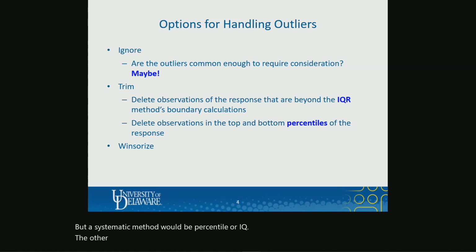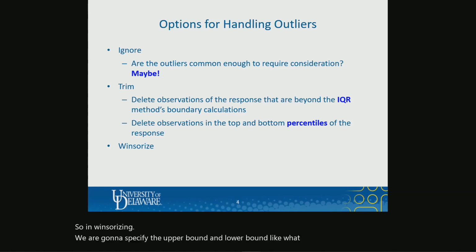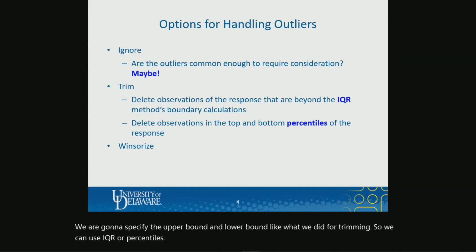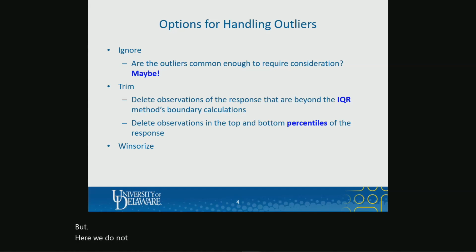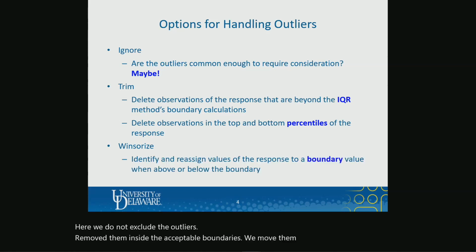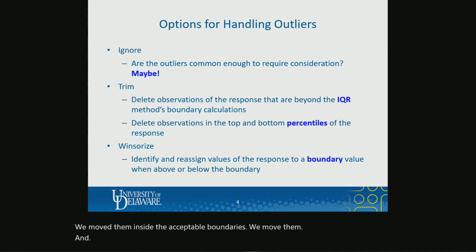The other approach to deal with outliers is Winsorizing. In Winsorizing, we are going to specify the upper bound and lower bound, like what we did for trimming. So we can use IQR or percentiles. But here, we do not exclude the outliers. We move them inside the acceptable boundaries. Then we can just run the model like regular.